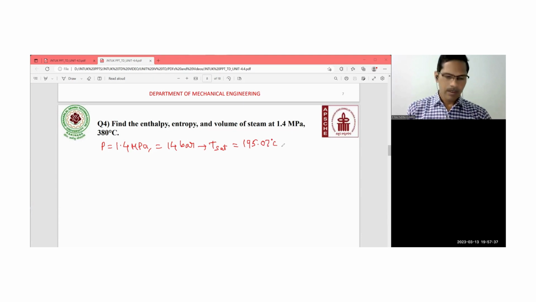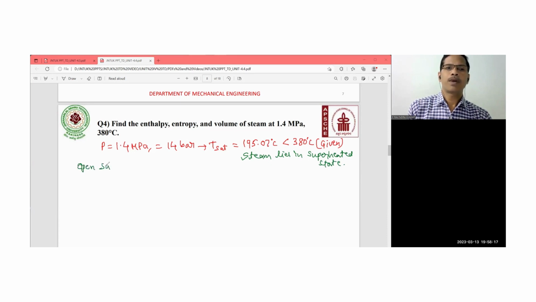So the saturation temperature is less than the given temperature, 380 degree centigrade. Then steam lies in the superheated state. So now open the superheated steam tables.